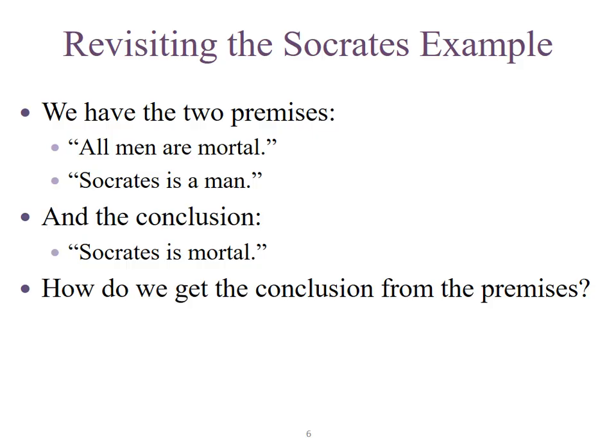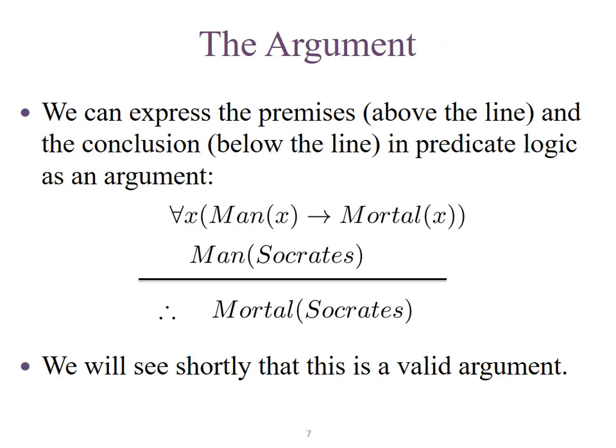And in this section, we will see how we draw conclusions from the given premises. Then we can verify the conclusion is true. Okay, so firstly, let's see the definition of argument. We can express premises and conclusions in this form.